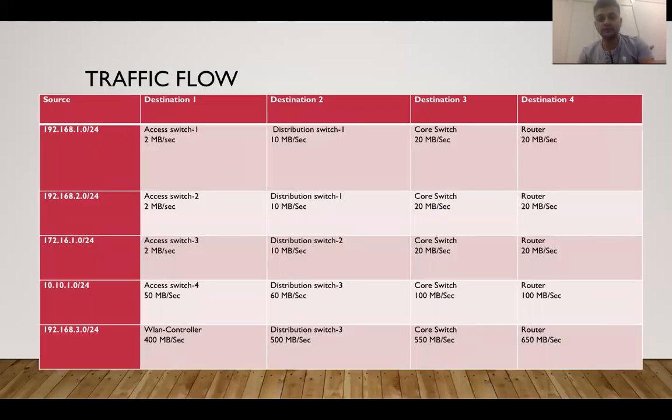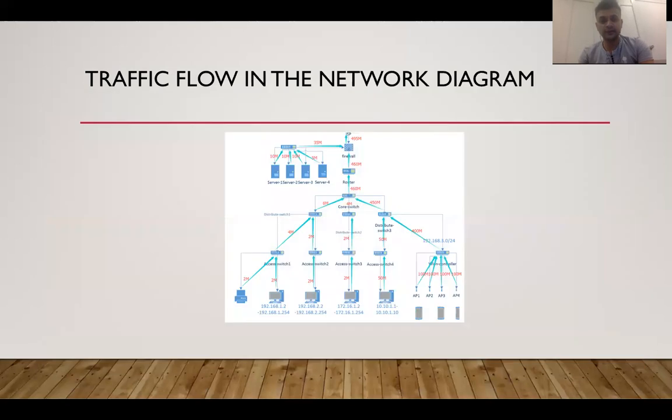Talking about the traffic flow, this is the distribution of traffic flow in our logical diagram. Here we have altogether 4 access switches, 3 distribution switches, 1 core switch, and 1 router.